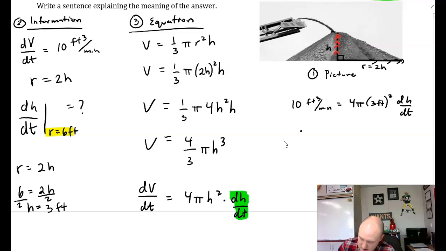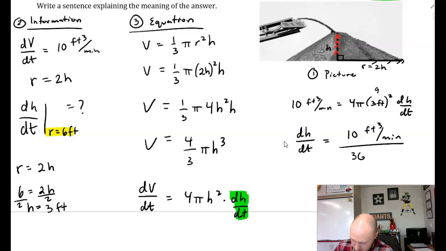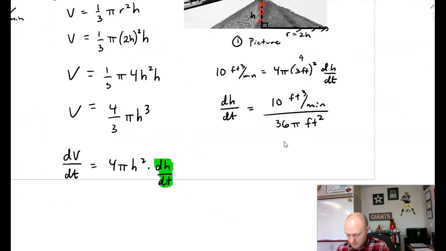So dh/dt is equal to 10 cubic feet per minute divided by 3 squared, which is 9. Right, that's 9 times 4 gives us 36 pi, and that's going to be feet squared. Right, feet times feet.